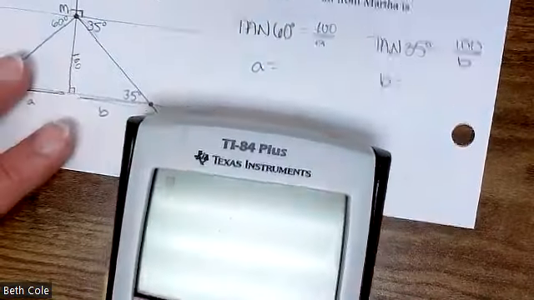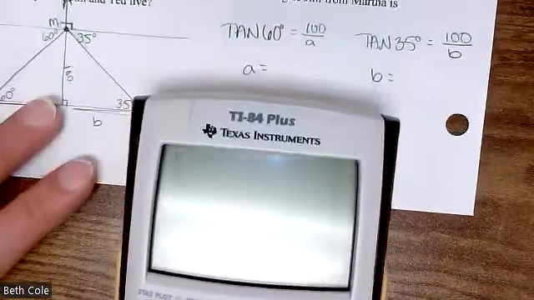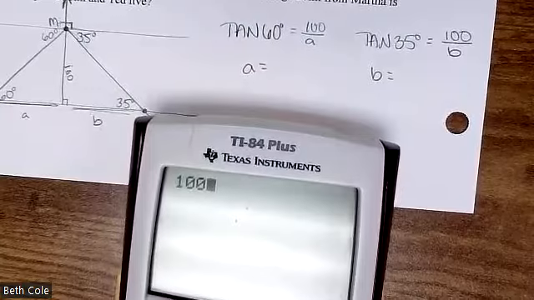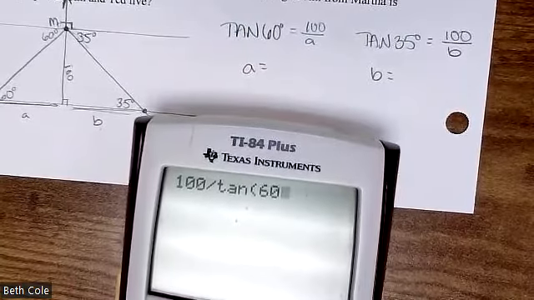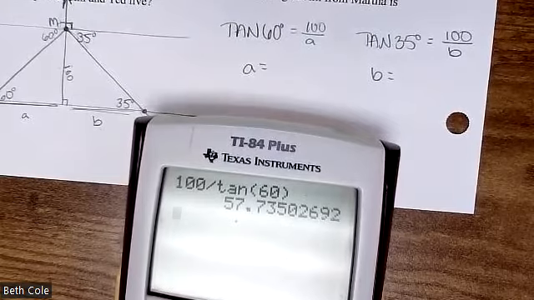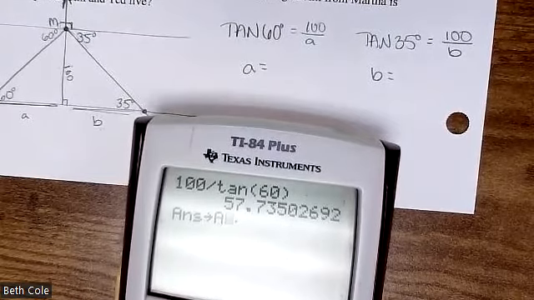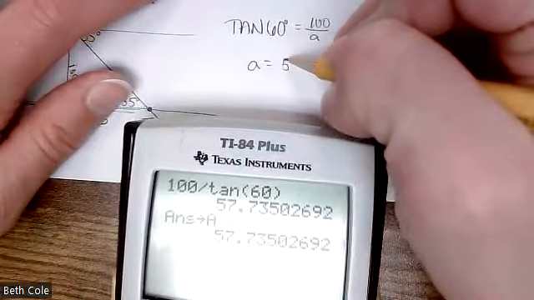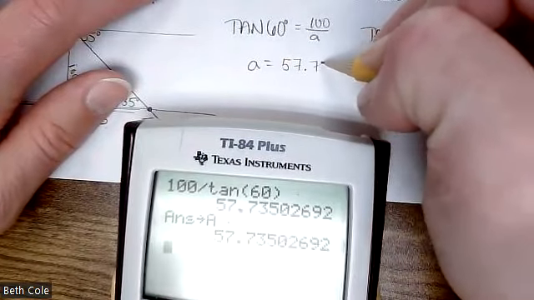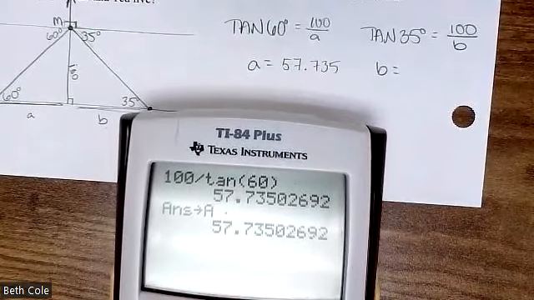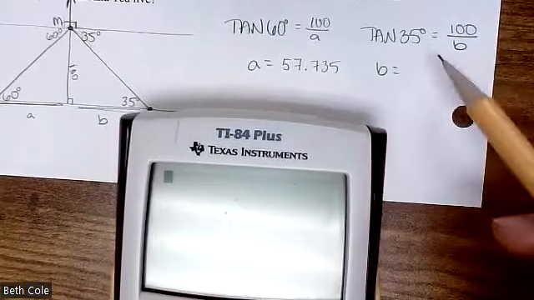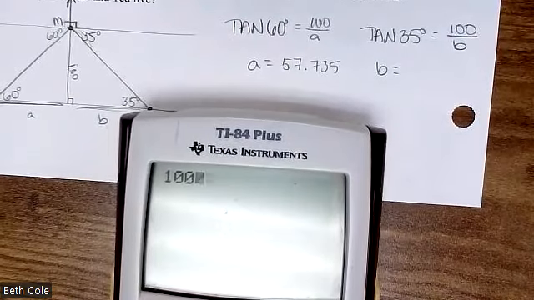Ready? How would you type the first one? Yeah, this is like review from your quiz. 100 divided by tangent 60. I got 57 and a little bit. Store that as A. Once you get it stored, you can clear it out. And then do the exact same thing with the other one.